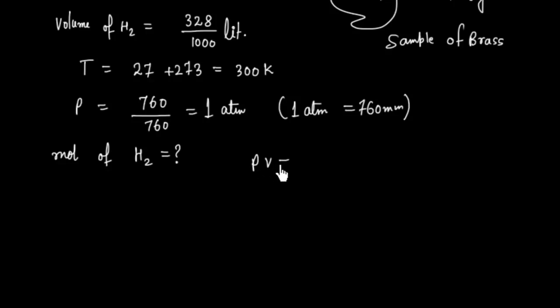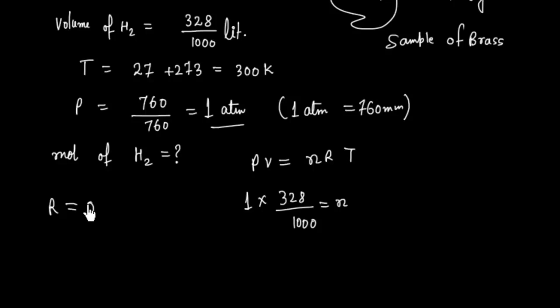Using PV is equals to nRT. What is pressure? 1 atmospheric pressure. What is volume? 328 divided by 1000. And number of mole we have to find, and we know R is the gas constant. This is equals to 0.082, and the unit will be atmospheric pressure into liter divided by mole into Kelvin.